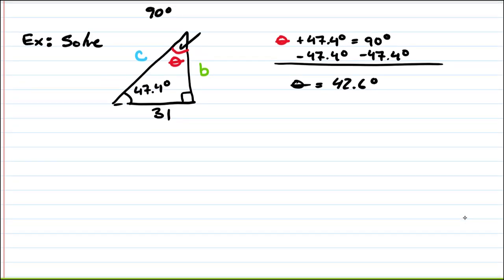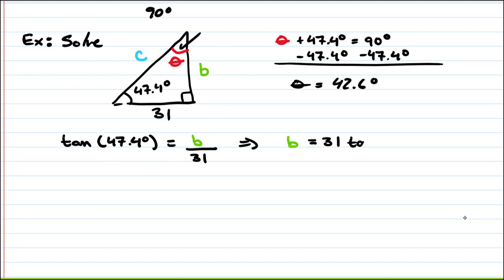Well, I know the angle 47.4 degrees. B is opposite of that and 31 is adjacent. So then we can use opposite and adjacent are the tangent function. So the tangent of 47.4 degrees has to equal our opposite, which is B, divided by adjacent, which is 31. Solving that equation for B gives B equals 31 times the tangent of 47.4 degrees.